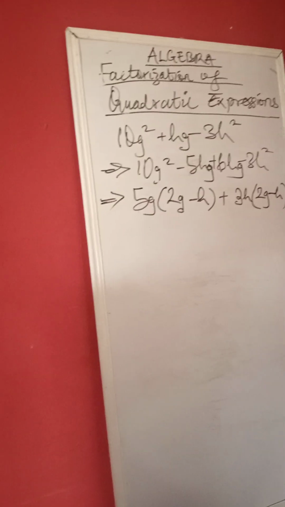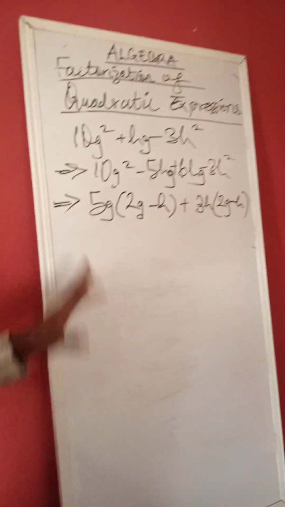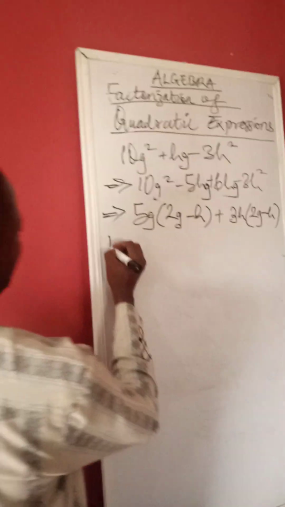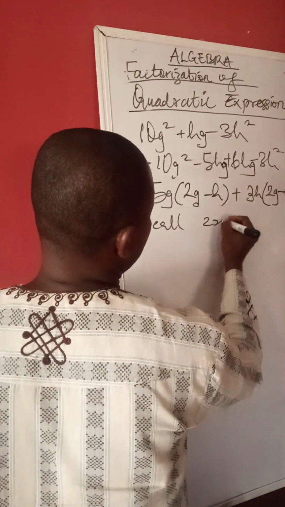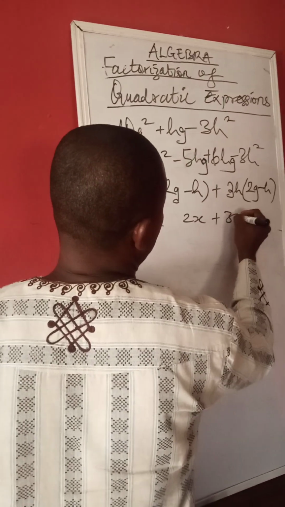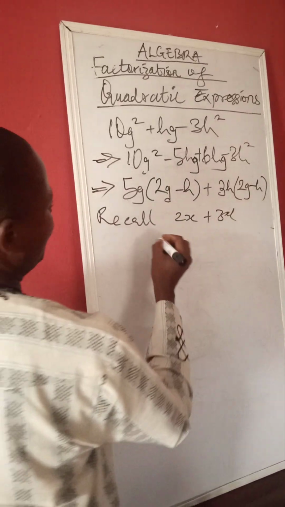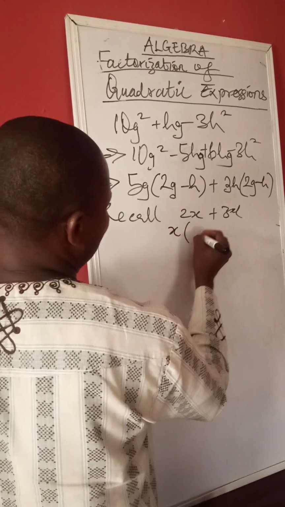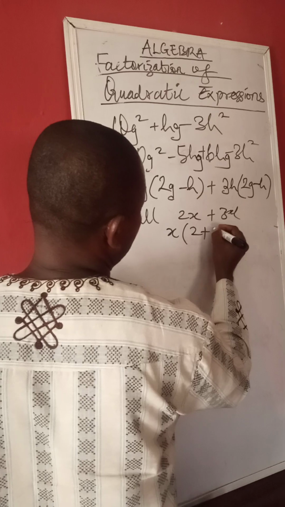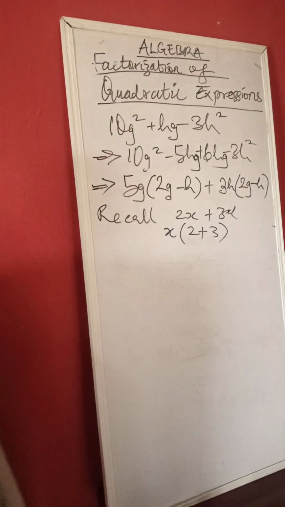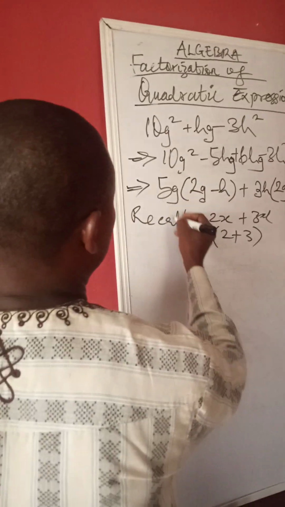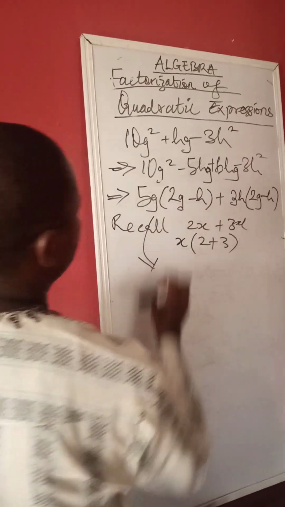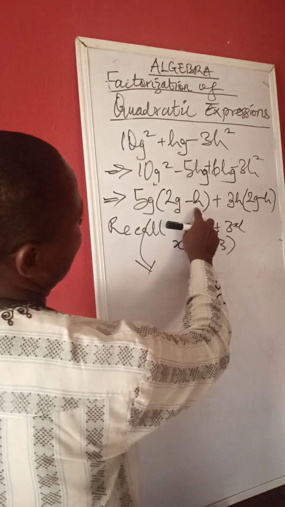So these are the new factors I have. And recall that if I have 2x plus 3x, I can quickly factorize this as x into 2 plus 3. This is just in passing. If I apply that here, you can see that 2g minus h is common.